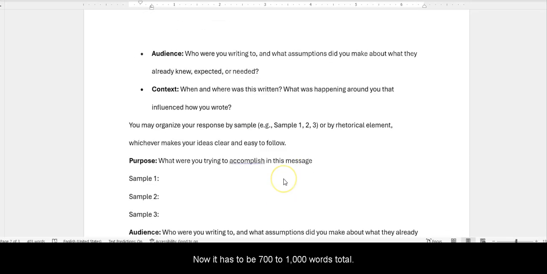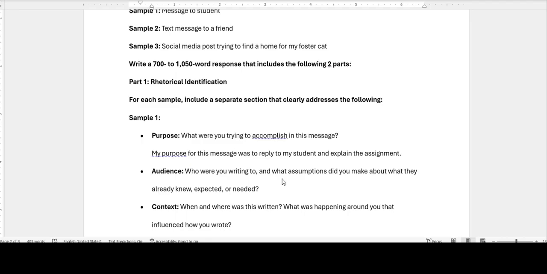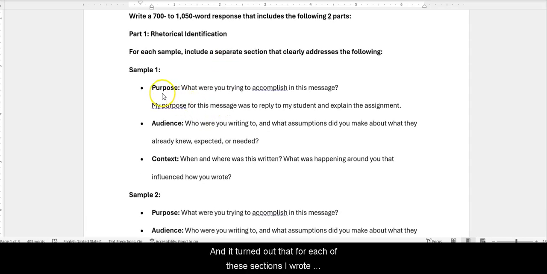Now, it has to be 700 to 1,000 words total. And I did some practice to see about how much I wrote. And it turned out that for each of these sections, I wrote about 115 to 120 words.